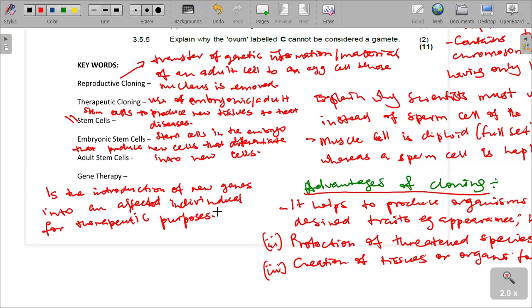So, introduction of new genes into an affected individual for therapeutic purposes is what we call gene therapy.